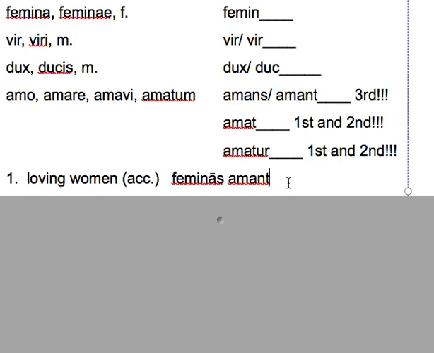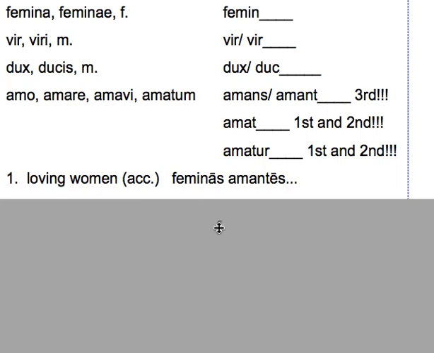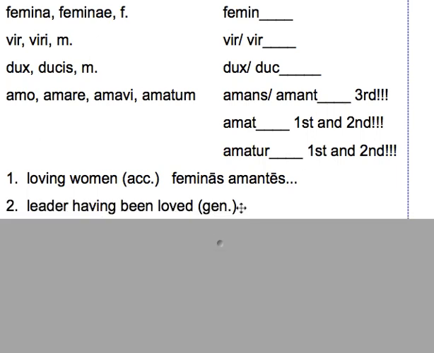Oh, that's the same as the third declension masculine accusative plural, es. And we end up with feminas amantes. These are women loving. Now they could be loving something else, or they could just be loving women. Sweet, kind, thoughtful, loving women. So feminas amantes. I'll do number 2 with you, then I'll let you guys do the rest.